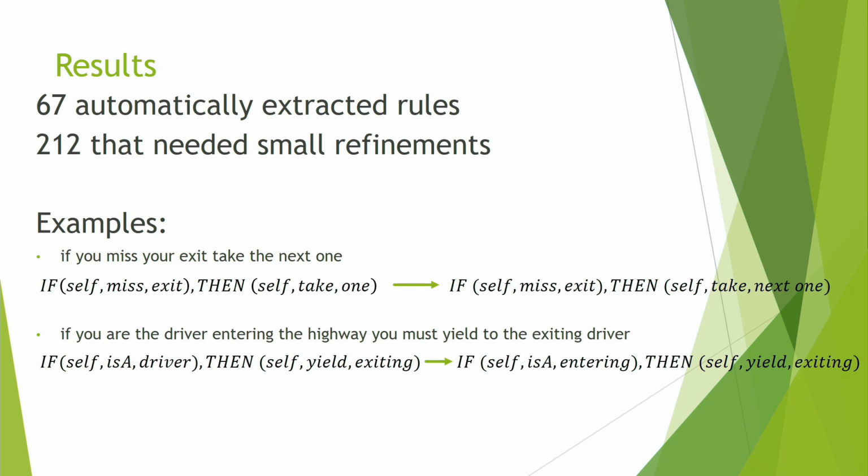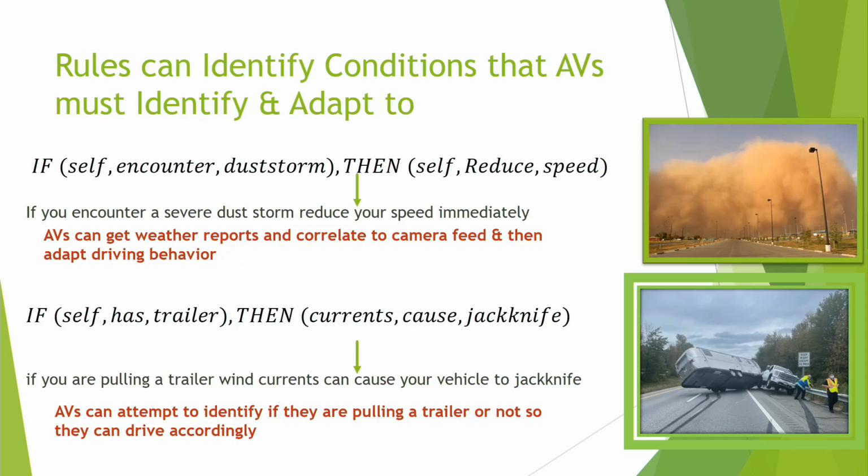Our rule is missing the word "next," which is crucial in the object part of the rule, so we have to add it. Similarly with the second rule, where instead of "driver" it said "entering." These were the kinds of little mistakes that we needed to manually correct.